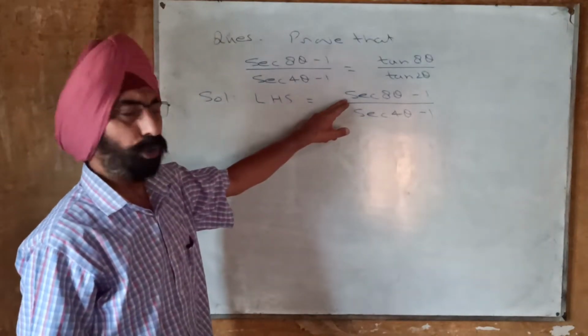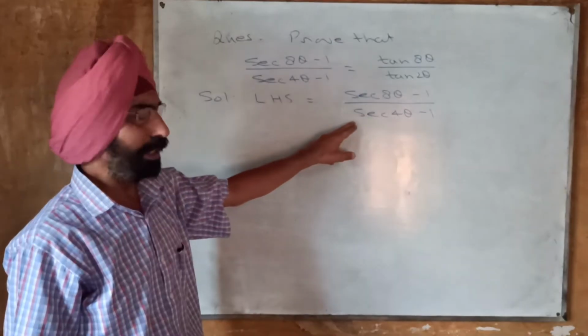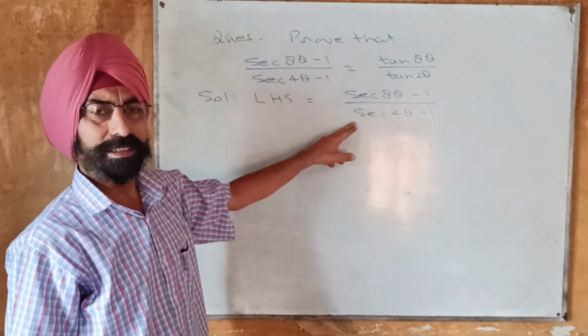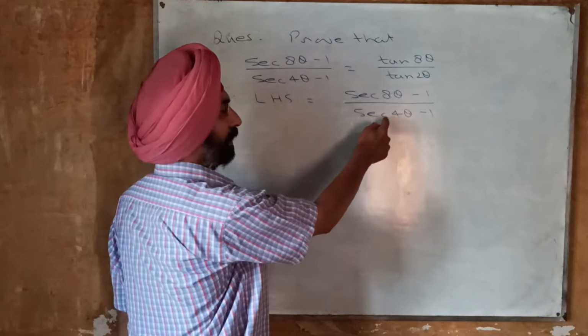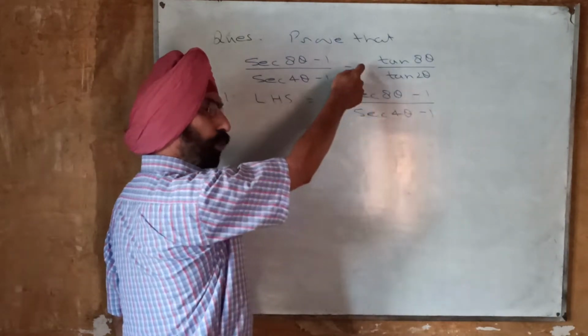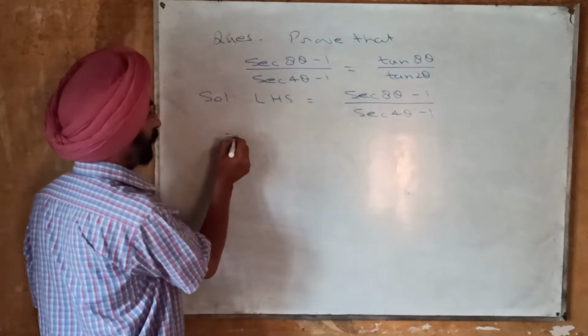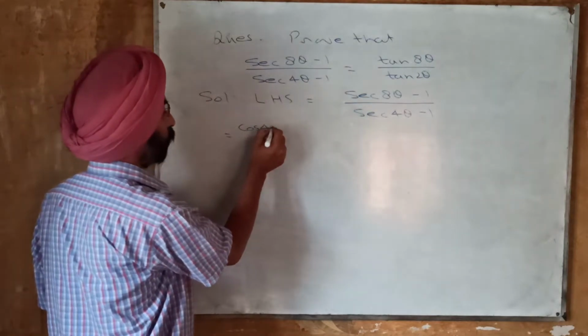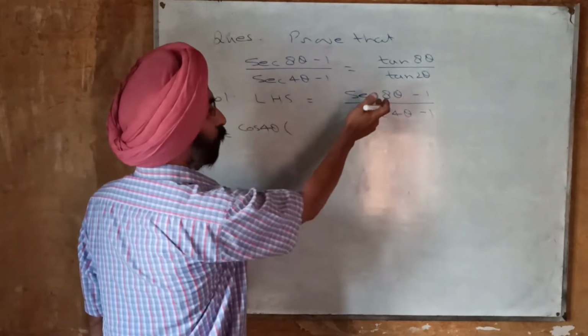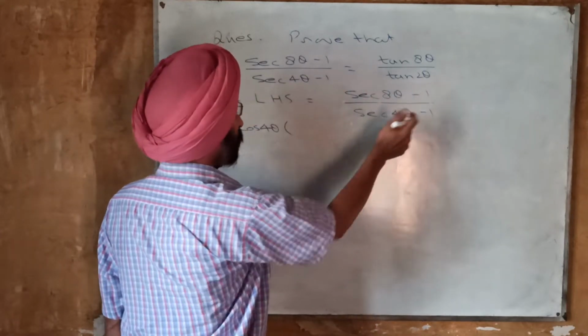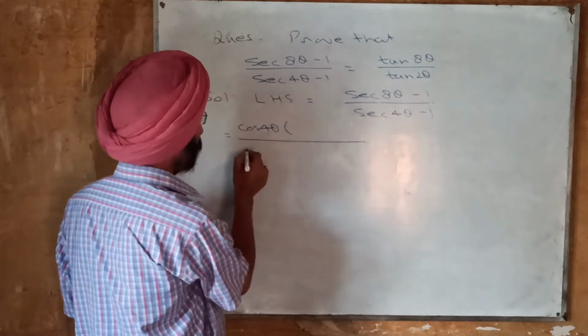Write 1 upon cos 8 theta here, 1 upon cos 4 theta here. Take LCM and simplify. From the denominator, the LCM will be cos 4 theta, and that will go into the numerator. So in the numerator you will get cos 4 theta, and from the numerator the LCM will be cos 8 theta, and that will go into the denominator.